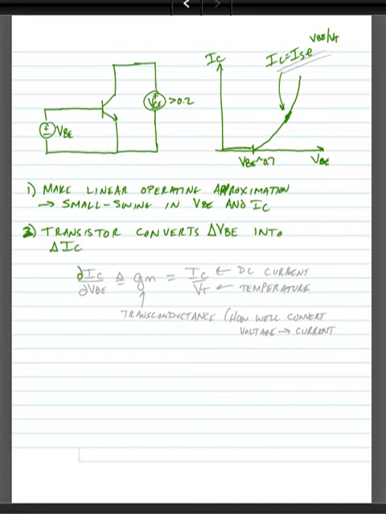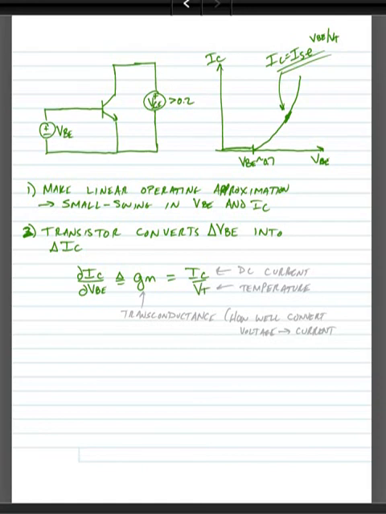And so we can define the delta in current with respect to the delta in VBE as a parameter Gm, and ultimately, if we take the derivative of our expression for current, we would find that Gm is equal to IC over VT.